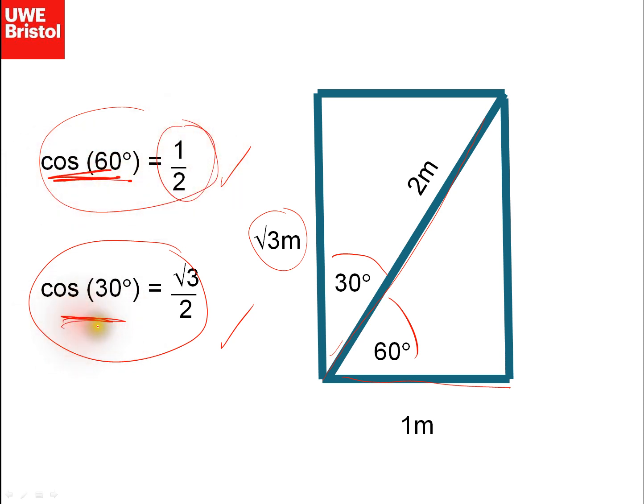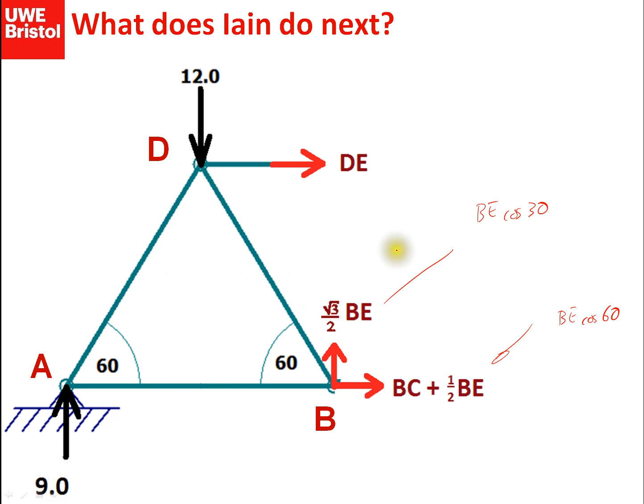Cos 30, the smaller angle, will be √3 over 2. So here we've got the angle where we've swung through 30 degrees. We've got the √3 over 2 times BE. And for the larger one, we've got a smaller number, we've got half BE going in that direction.